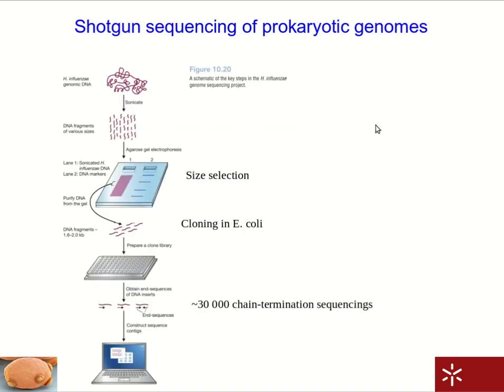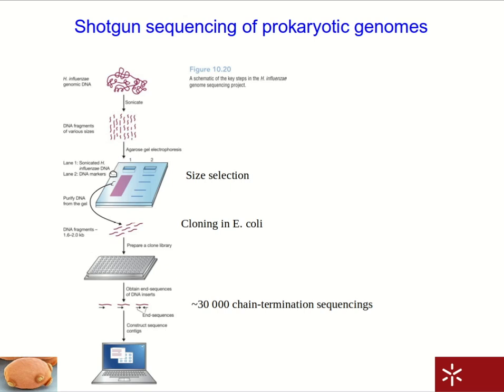This is an outline of the sequencing of a prokaryotic genome, actually the genome of Haemophilus influenzae, by shotgun sequencing. We start by obtaining the genomic DNA of the organism. We sonicate this DNA in order to obtain random fragments of the DNA.